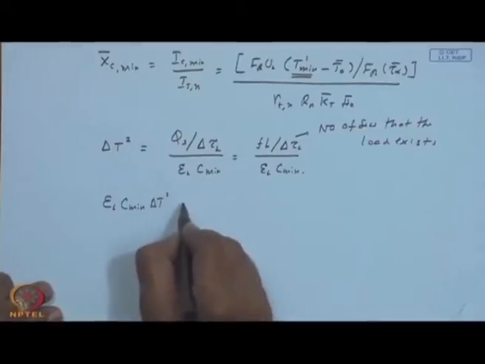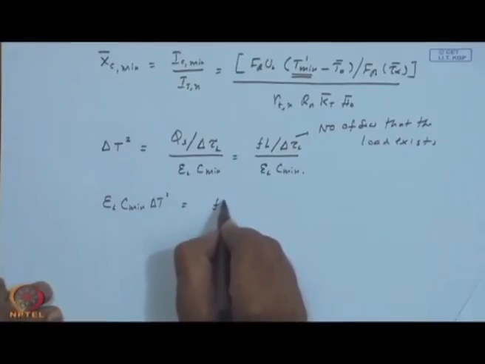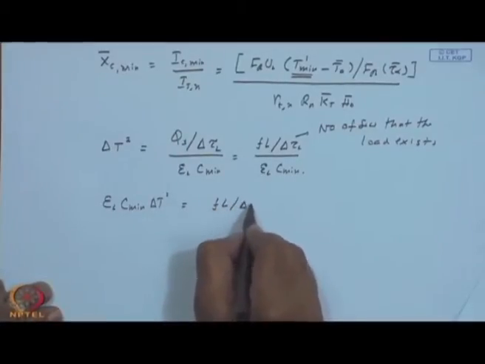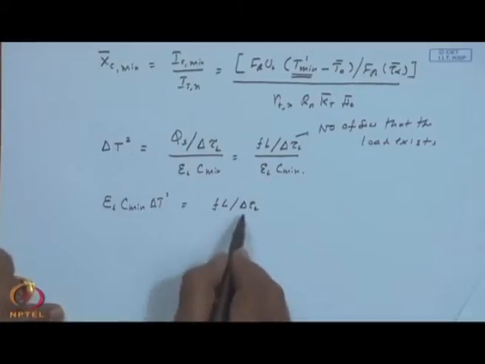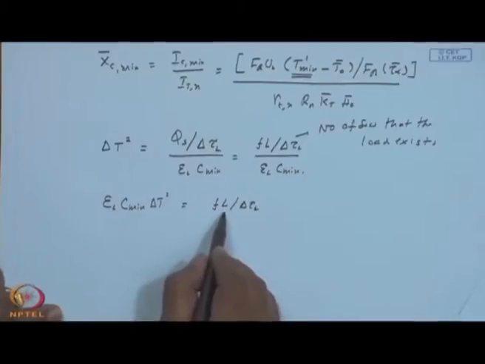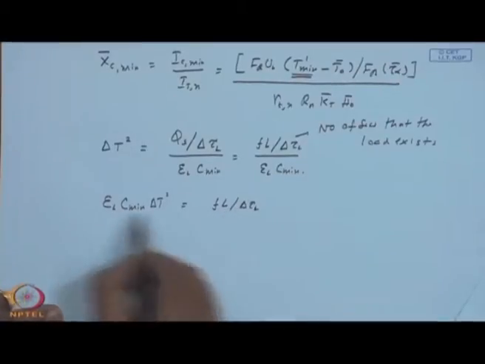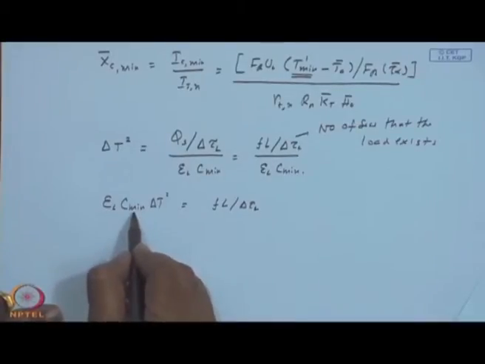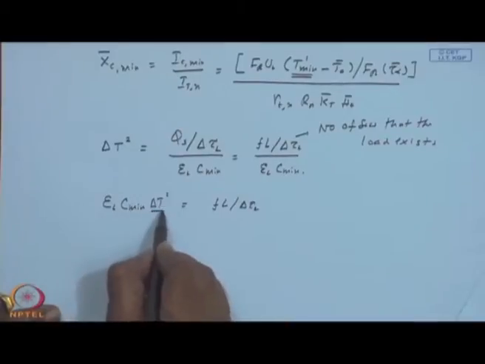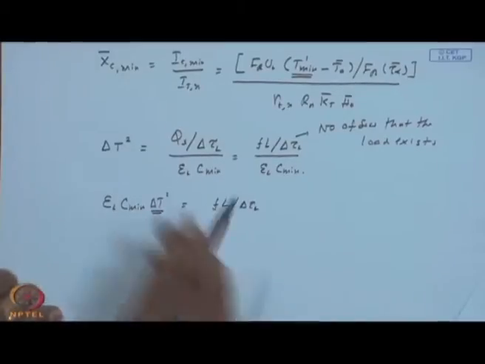This is nothing but F L upon delta tau L. So, F L is the total amount of energy supplied over a period of delta tau L. This is the rate at which the energy is supplied, and that should be matched by the heat exchanger of effectiveness epsilon L and the minimum capacitance of C minimum with a temperature difference of delta T 2.